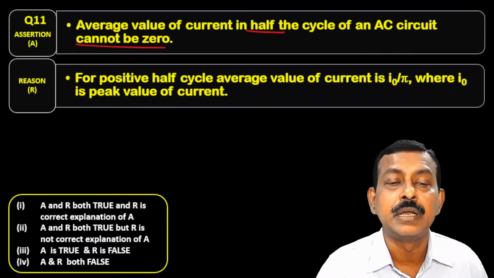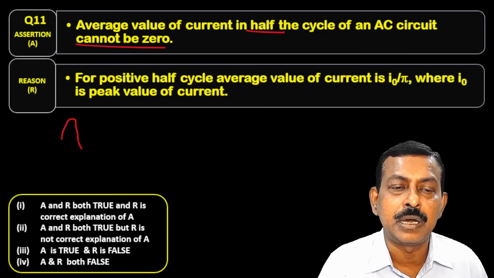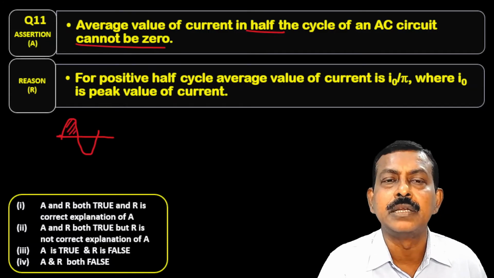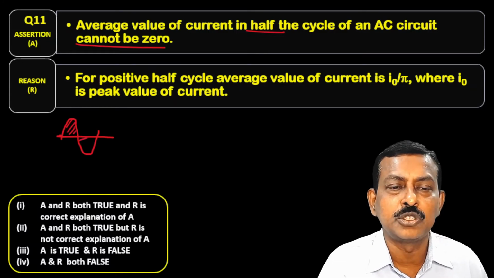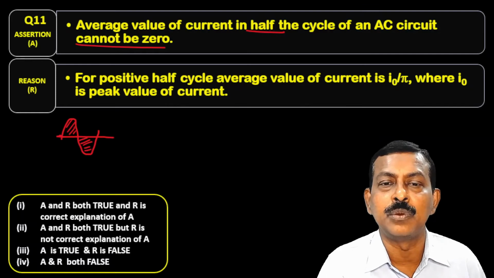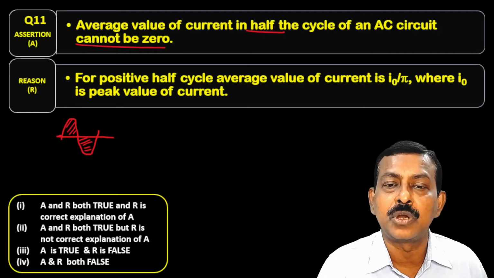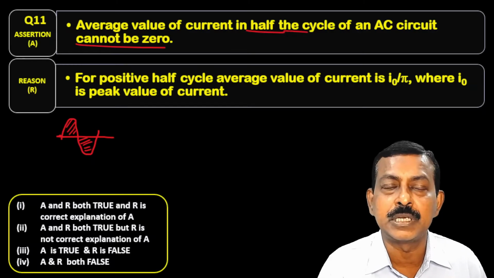Now here, when we take a normal AC circuit, in that case we may say that in this part it is not 0. Here also it will have some value. So half the cycle is not 0. That means you are taking in that particular way.